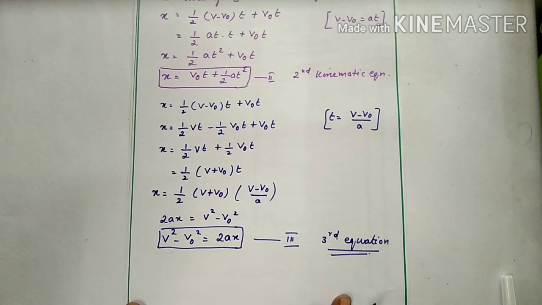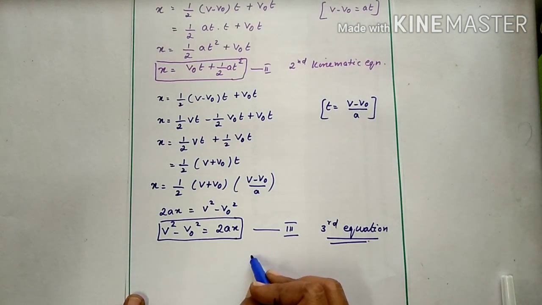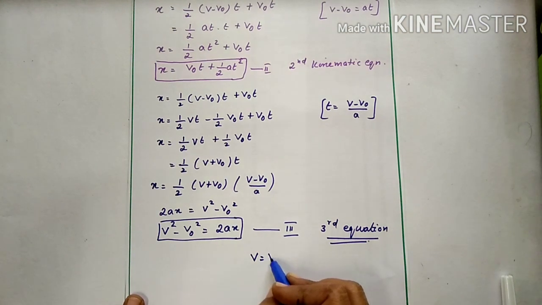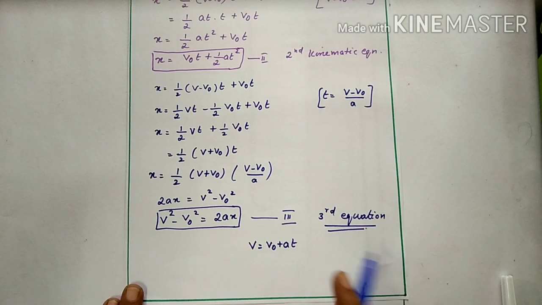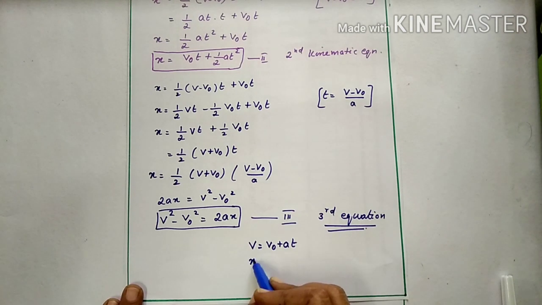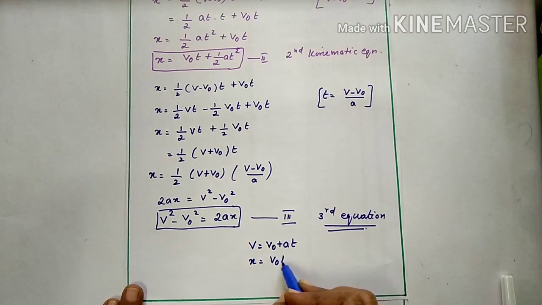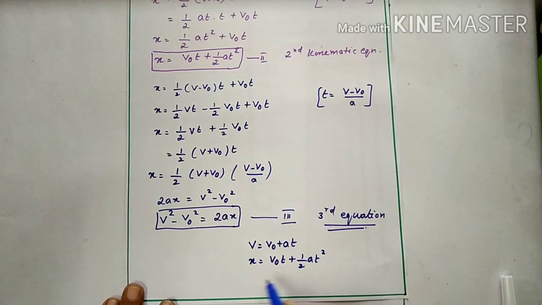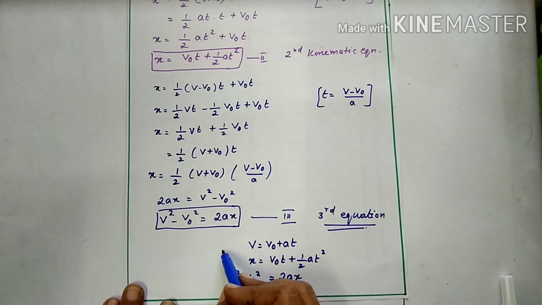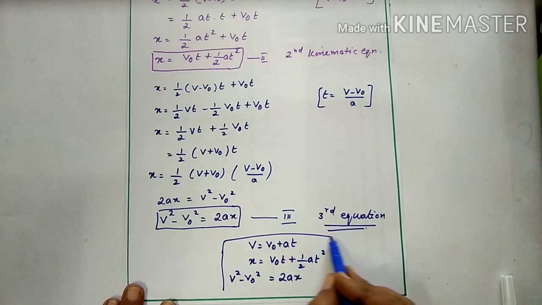Once again, first kinematic equation, v equal to v0 plus at. Second kinematic equation, x equal to v0t plus half at square. Third kinematic equation, v square minus v0 square equal to 2ax. So these are the three kinematic equations.